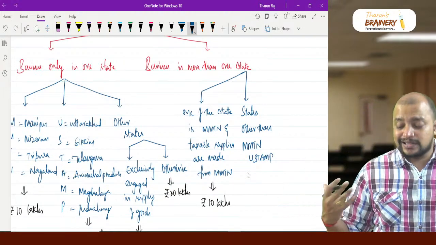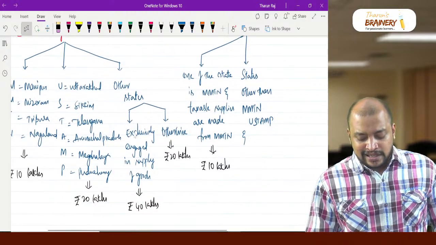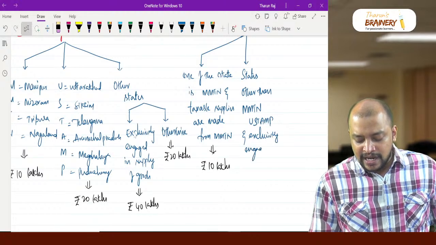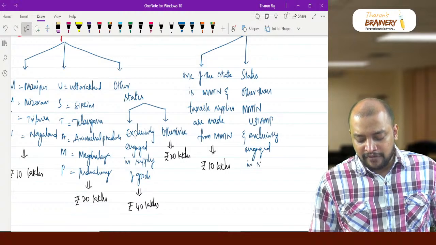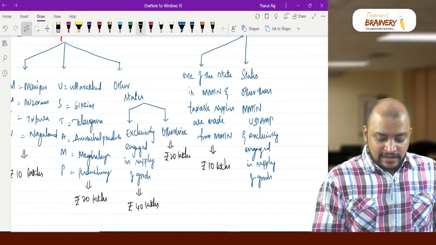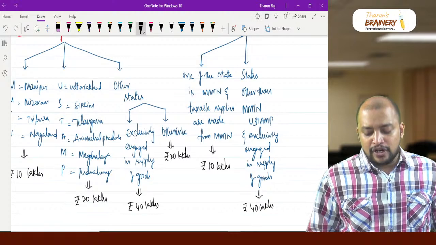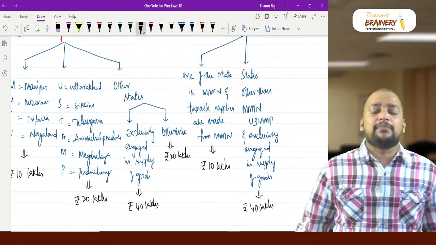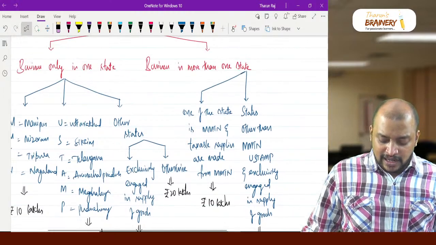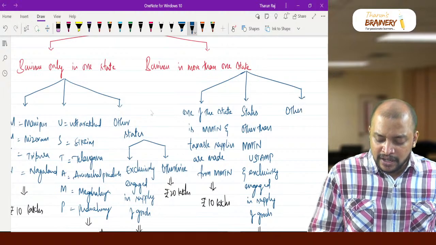If you are doing business in states other than MMTN and U-stamp and exclusively engaged in supply of goods, then the limit will be 40 lakhs. Okay. In other cases, suppose you are engaged in MMTN or U-stamp or any other case, the balancing figure, otherwise, other cases, it will be 20 lakhs.